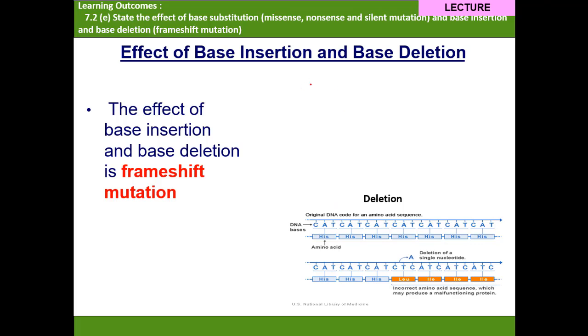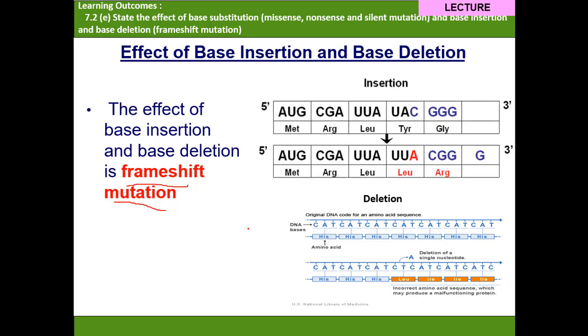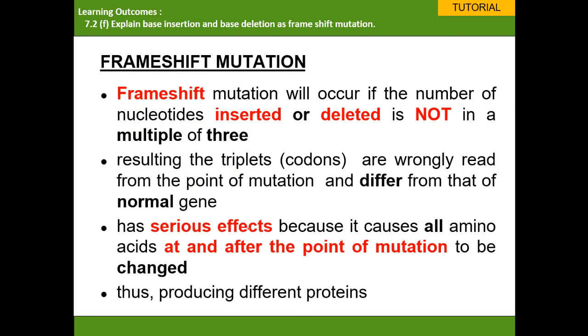And lastly, we will see the effect of base insertion and base deletion, which is frame shift mutation. Base insertion and base deletion can cause frame shift mutation. So, what is frame shift mutation?